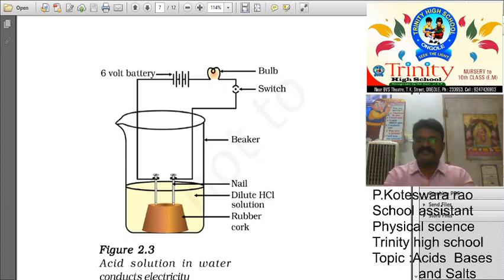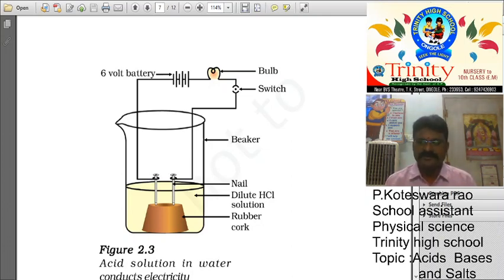In the HCl condition and H2SO4 condition, H plus ions are flowing because they can attribute H plus ions, but the remaining two do not attribute H plus ions. If they do not attribute H plus ions, current is not passing. That's why the bulb is not glowing.